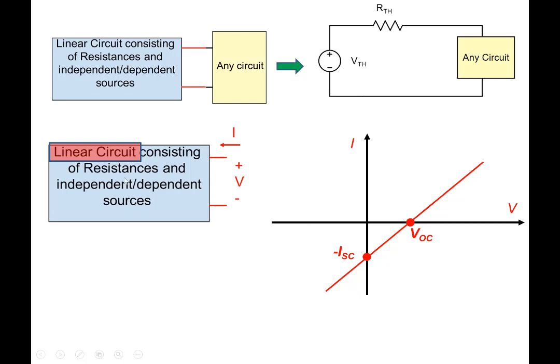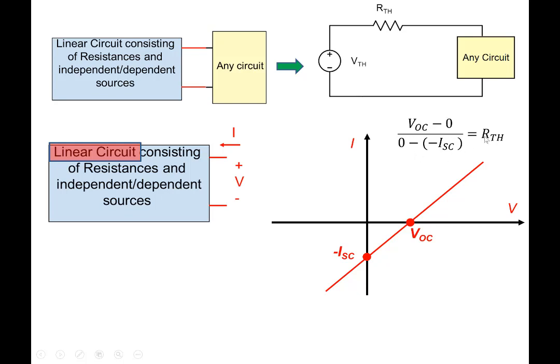Right, so this is a linear circuit, so it can be described by a straight line like this, and there would be some open circuit voltage, some short circuit current. Of course, the slope of this particular line we can write down. The slope will be VOC minus 0, taking this point here and this point here, over 0 minus ISC. So it's a ratio of voltage and current.